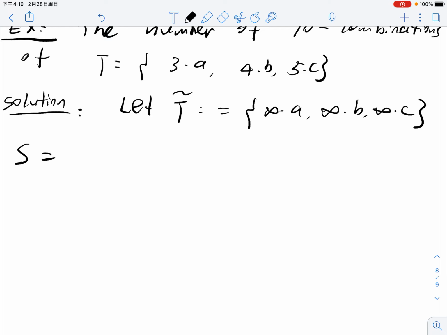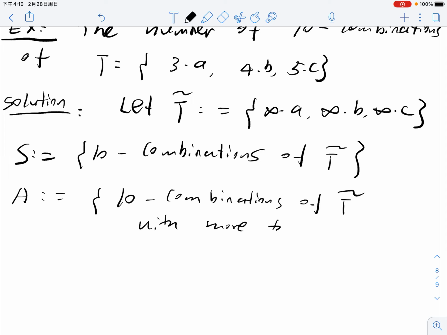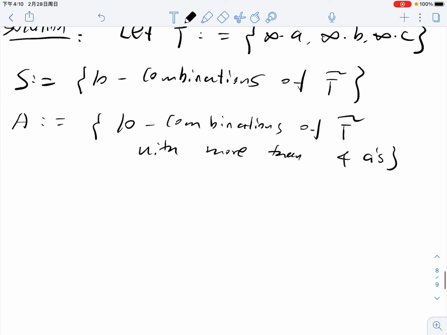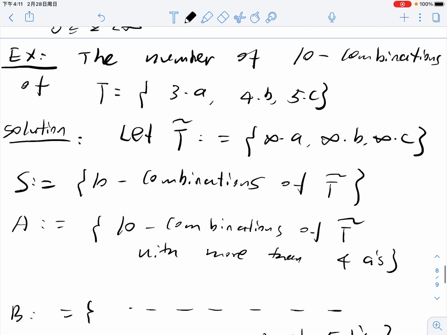And then let S be 10-combinations of T tilde, and A be 10-combinations of T tilde with more than 4 A's, and B be 10-combinations of T tilde with more than 5 B's. C is more than 6 C's.